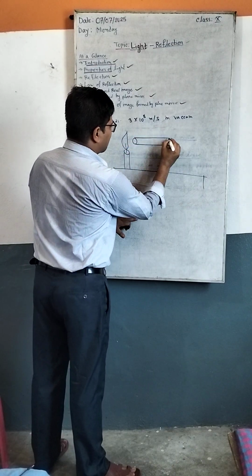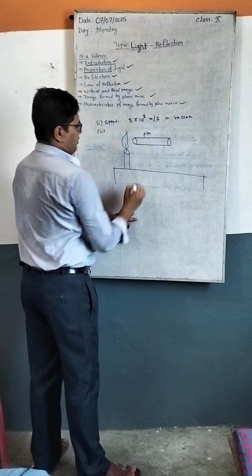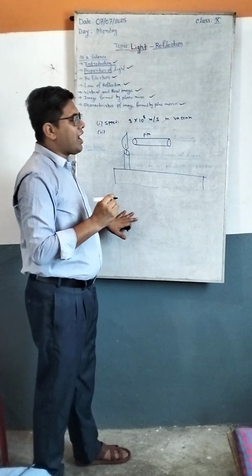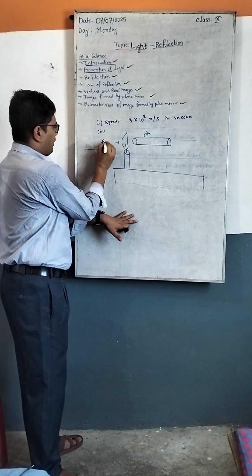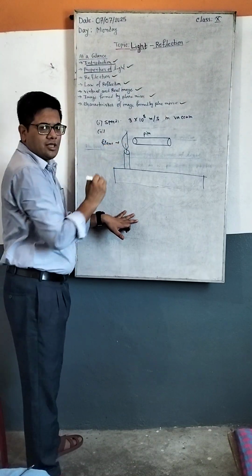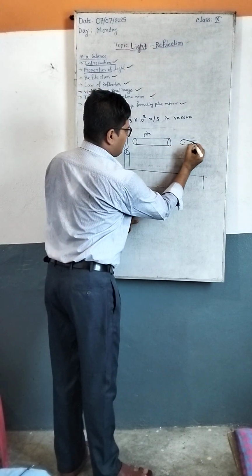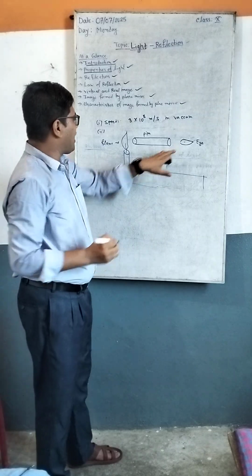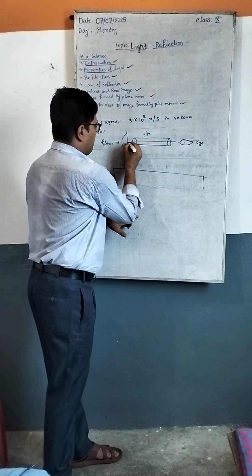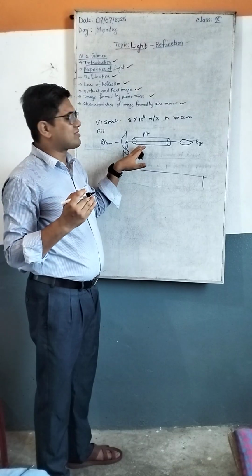When you take the straight pipe and try to see the flame of the candle, can you see it? If you observe with the naked eye, obviously you always see the flame, because light always travels only in a straight line.